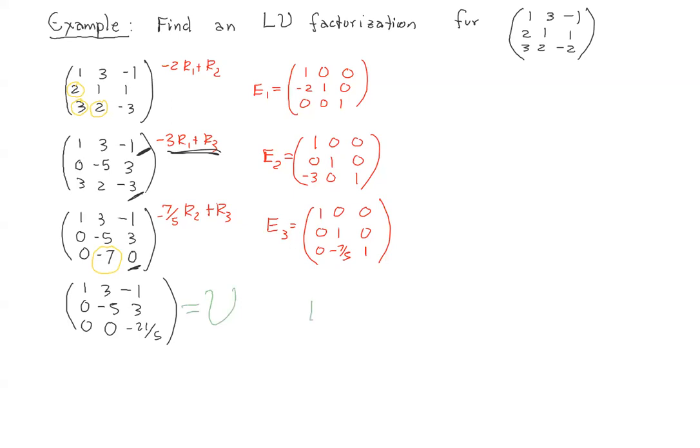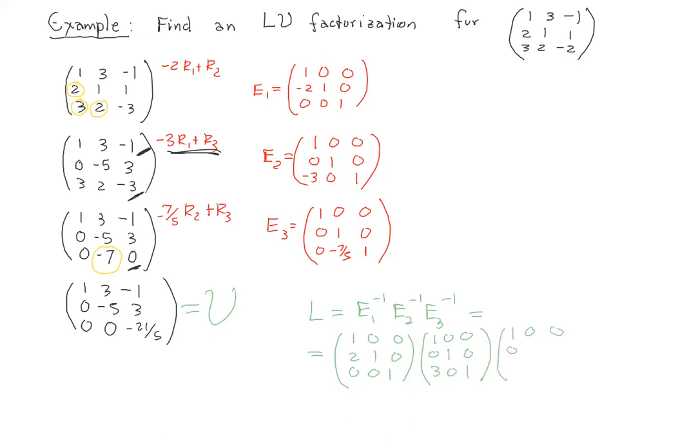According to what we described before, L is going to be E1 to the negative 1, E2 to the negative 1, E3 to the negative 1, which is 1, 0, 0, 2, 1, 0, 0, 0, 1 times 1, 0, 0, 0, 1, 0, 3, 0, 1 times 1, 0, 0.